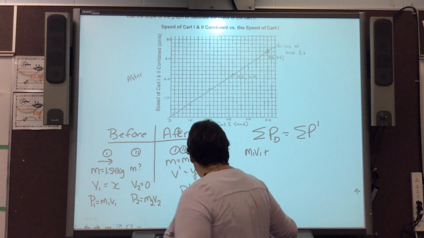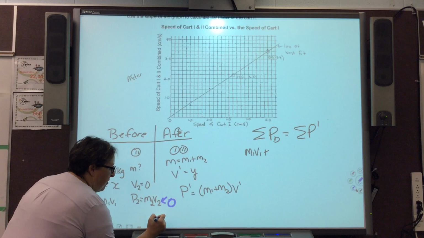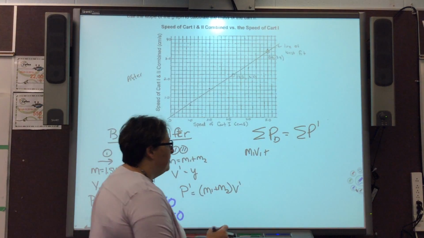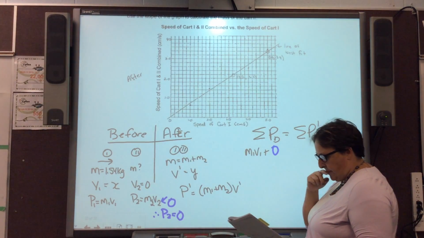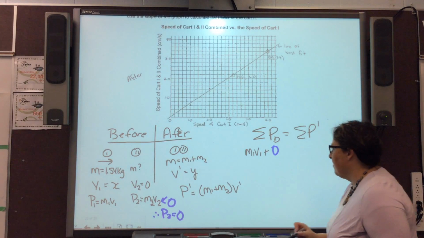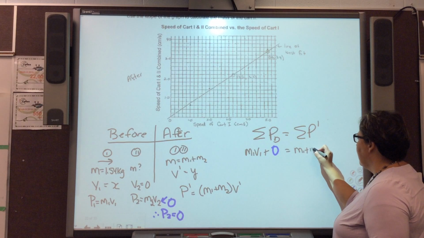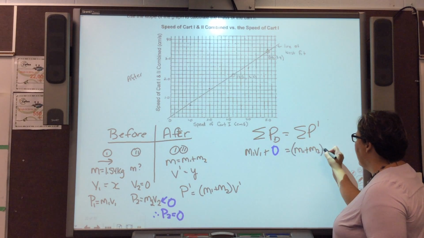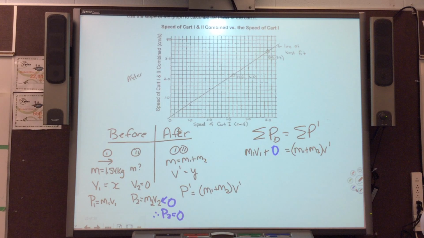However, v2 is 0. So that's where we're at when we're looking at the sum of momentum before being equal to the sum of momentum after.